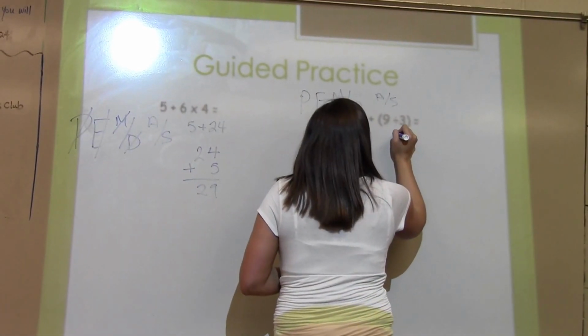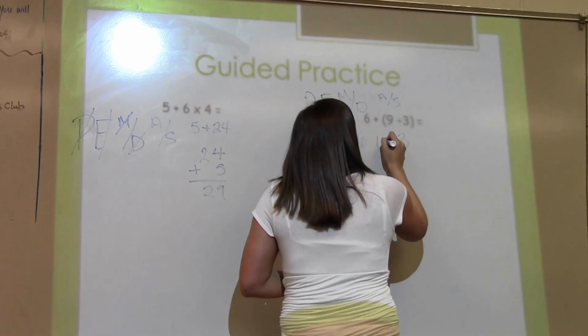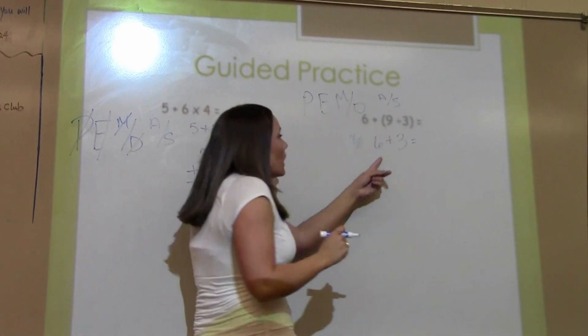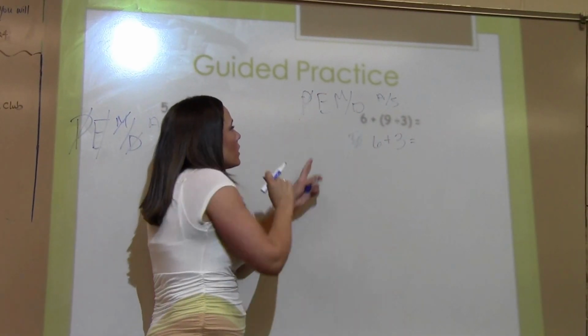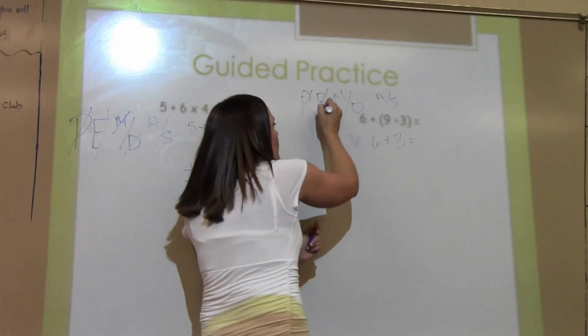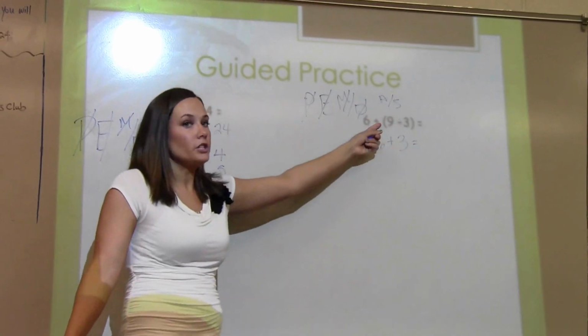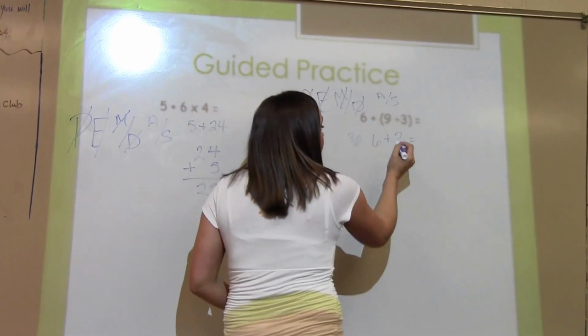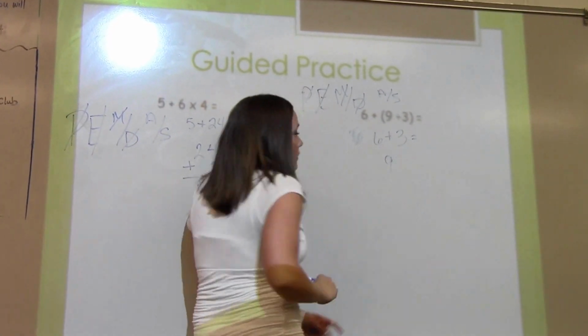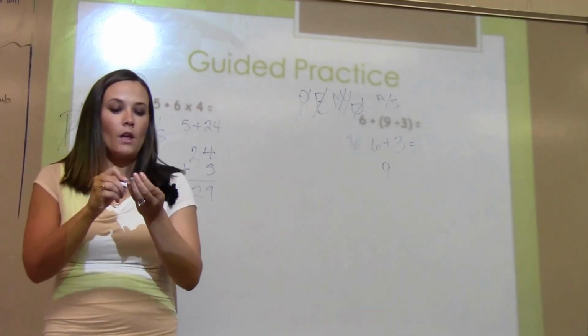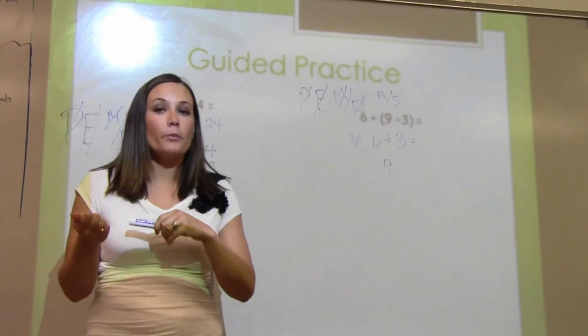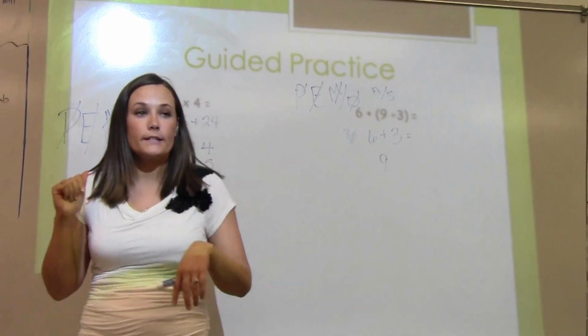Yes. 9 divided by 3 is 3. 6 plus 3 is left. So we've checked for our parentheses. Are there any exponents? No. Any multiplication or division? No. Any addition or subtraction? Yes, so we need to take care of that addition. You should have gotten 9. Okay? All right, now I want you to get out your paperwork and start practicing on your own.